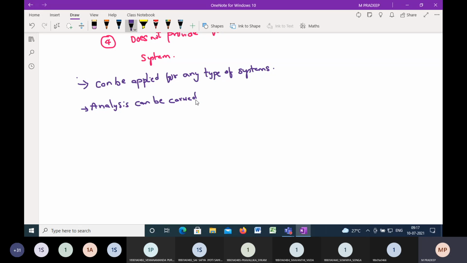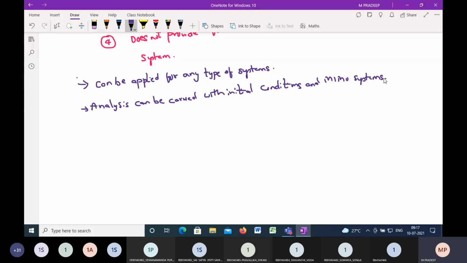So the analysis can be carried out with initial conditions, and it can also be carried out for multi-input, multi-output systems. Okay.